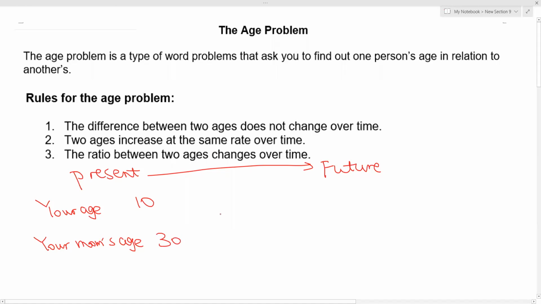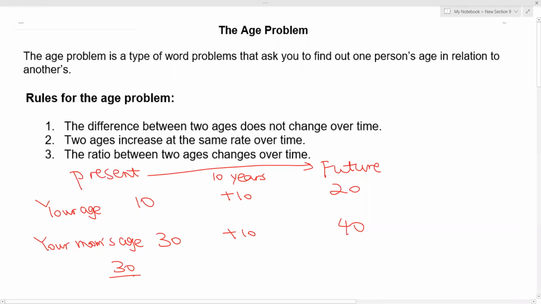And in the future, let's say in 10 years, so 10 years pass between present and future, your age would be 20 years, and your mom's age would be 40 years. In the present, your mom's age is 3 times yours, right?